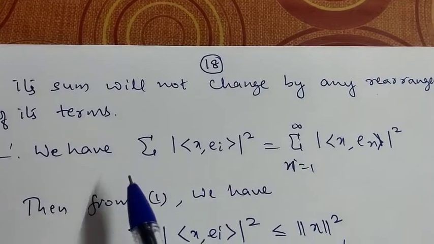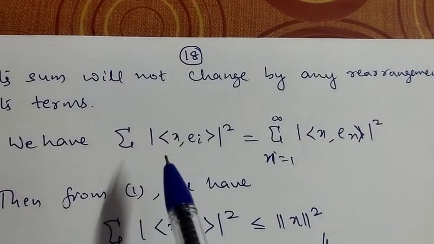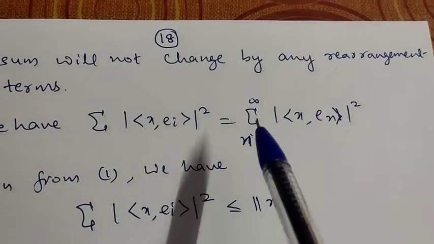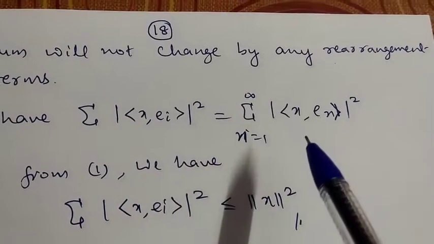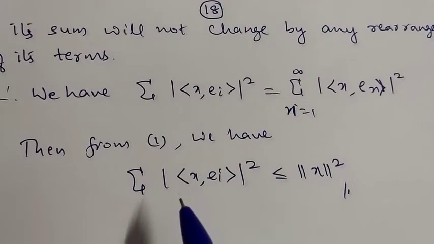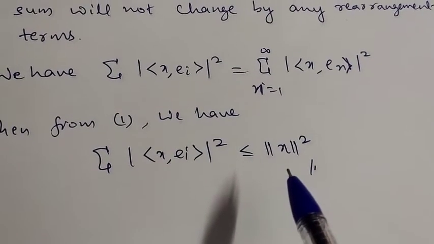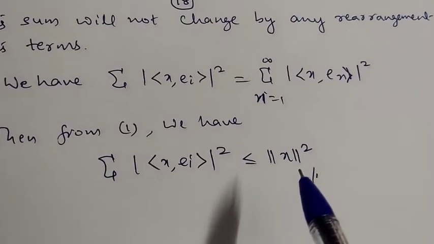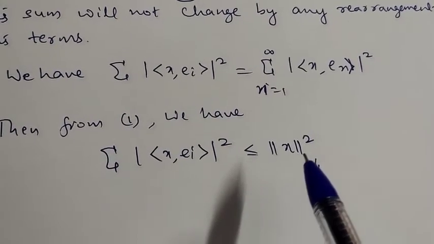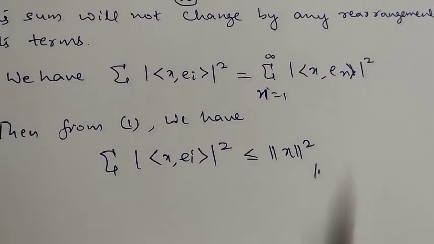Therefore the summation of the absolute value of x comma ei whole square can be written as the summation from n equal to 1 to infinity of the absolute value of x comma en whole square. Then from 1, the summation of the absolute value of the inner product of x comma ei whole square is less than or equal to the norm of x square. Thus we have proved Bessel's inequality for the infinite case also, that is, for a countable number of vectors ei. Okay, thank you.